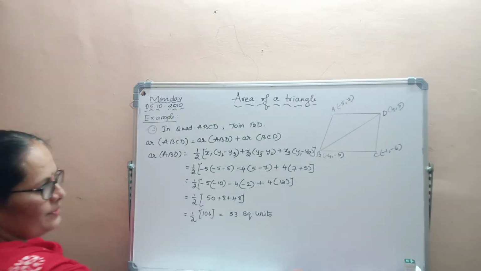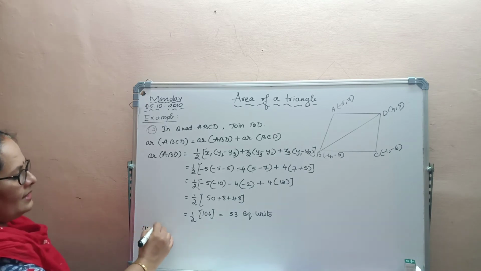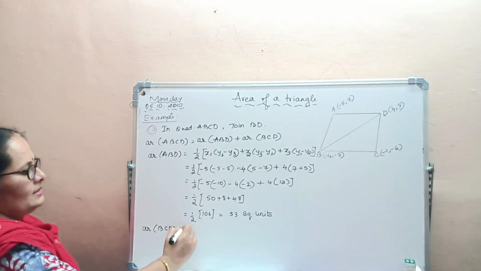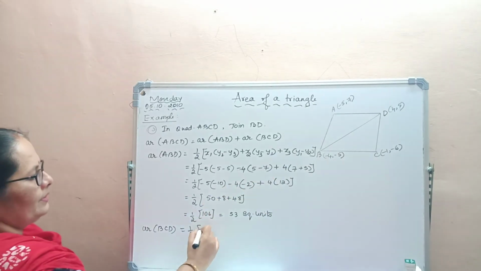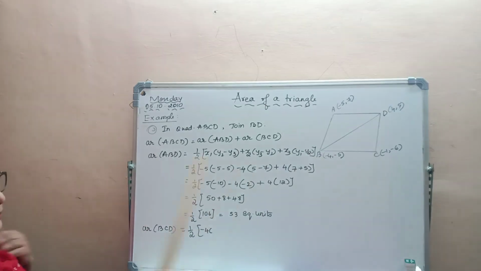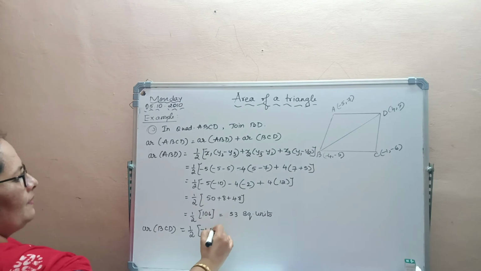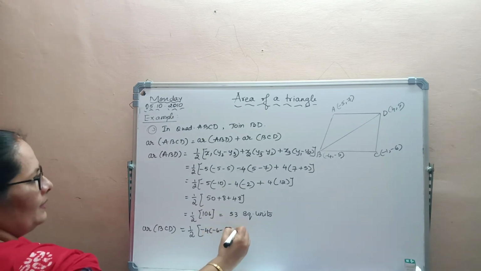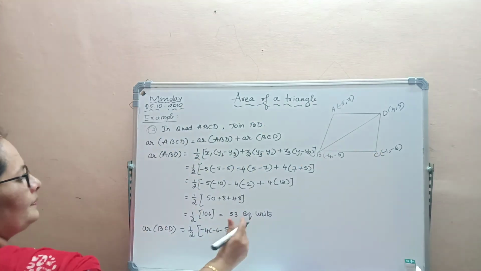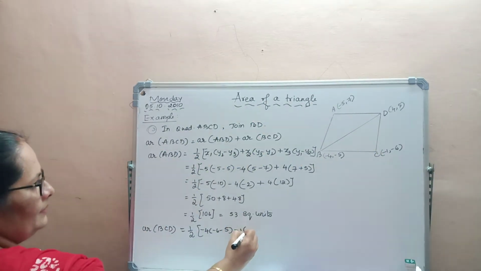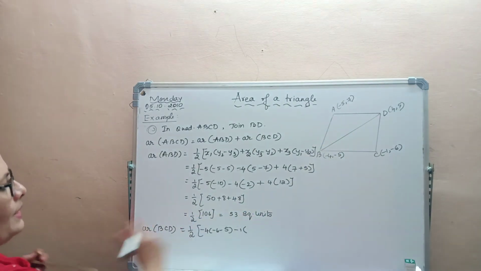Similarly, you find area of triangle BCD. So area of triangle BCD is equal to half into x1. x1 is minus 4 into here y2 minus y3, minus 6 minus 5, plus x2. x2 is minus 1, then 5 minus of minus 5 is plus 5.